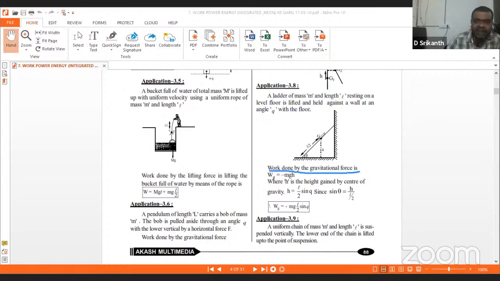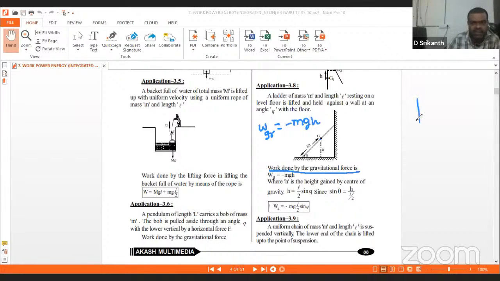Whenever they ask about gravitational force, the force acts from the center of the object vertically downwards. Due to the gravitational force, the force is acting downwards and displacement is upwards, so that is minus mgh.